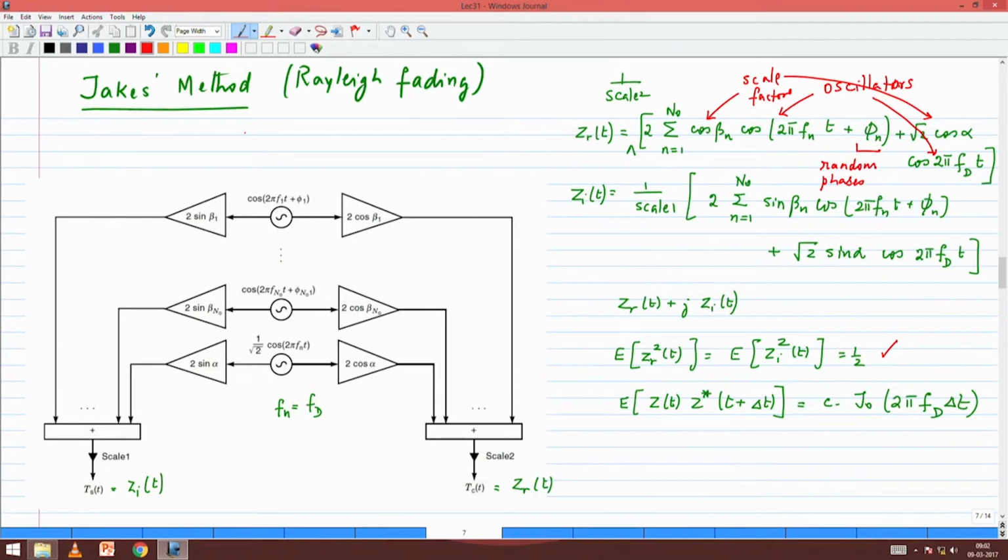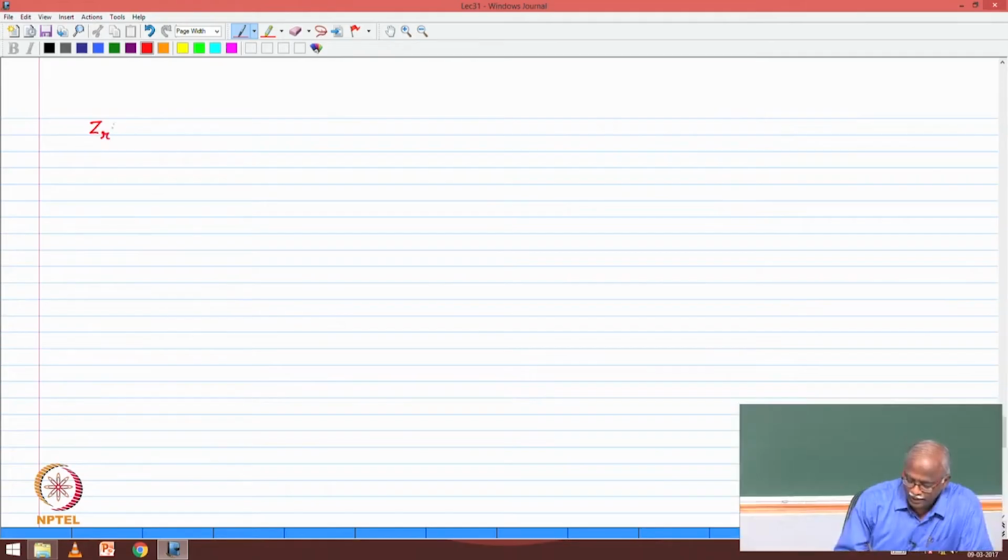What we had verified in the last class was that ZR of t, if I took the time average, is zero mean, and so is the imaginary part. It's helpful to write ZR of t one more time.